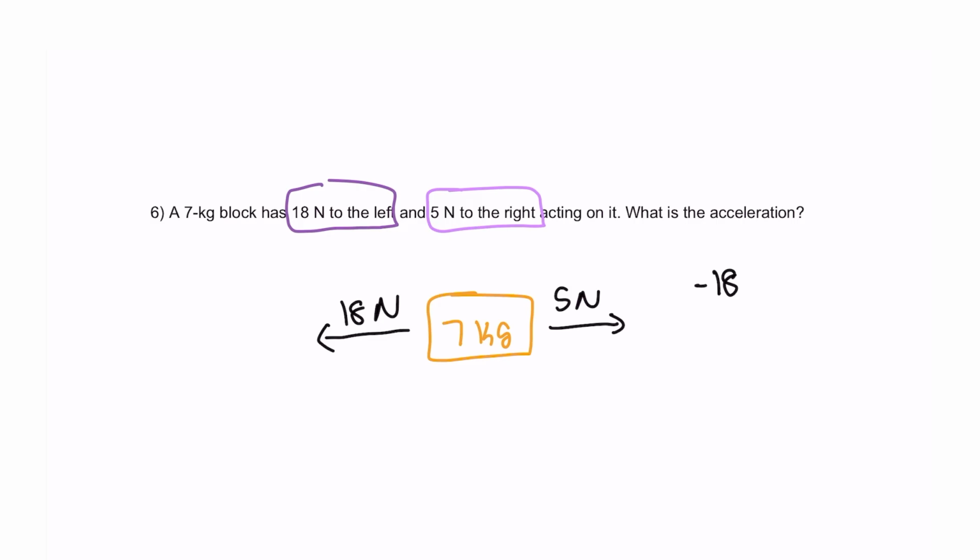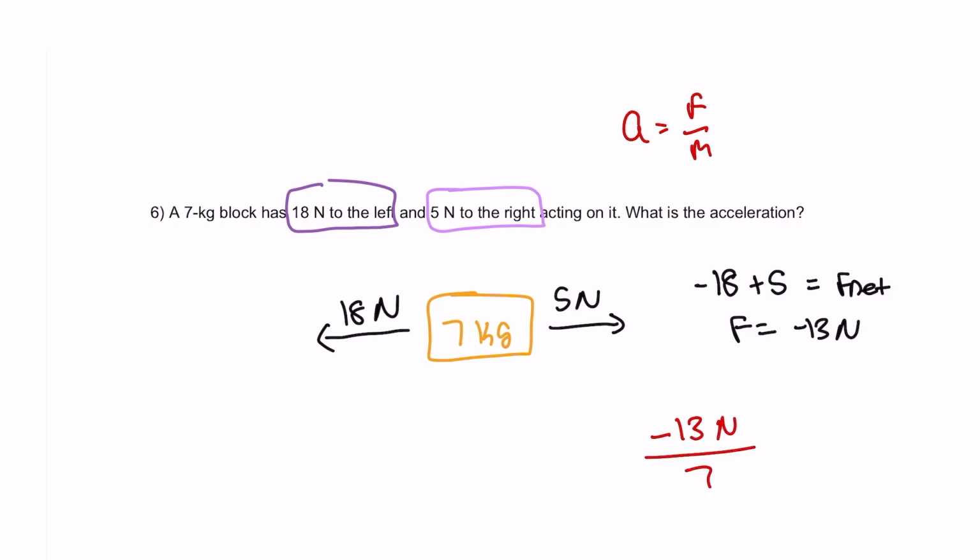So negative 18 plus 5 equals F net. And when we solve that, it's negative 13 newtons. What is the acceleration? Again, we know that A equals F divided by m, and we have negative 13 newtons divided by 7 kilograms. And that gives us roughly negative 1.86 meters per second squared.